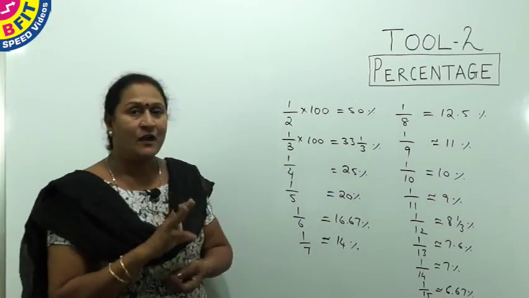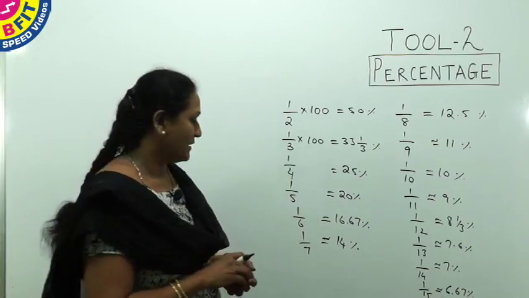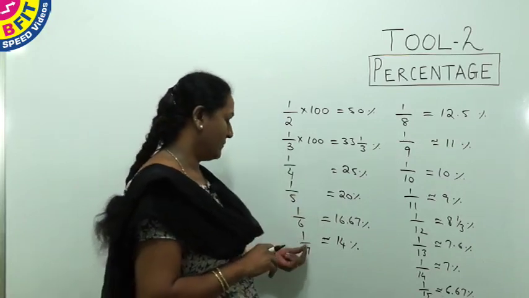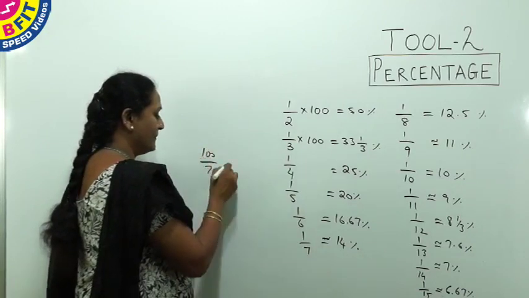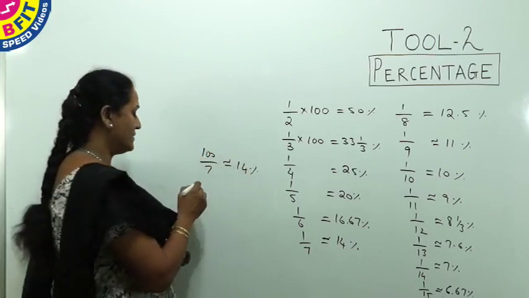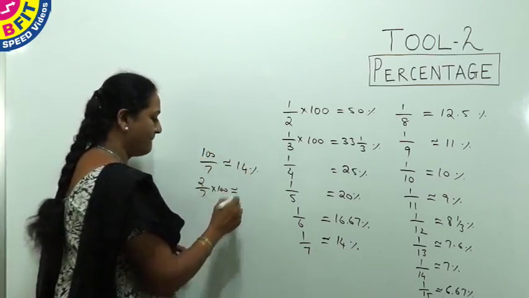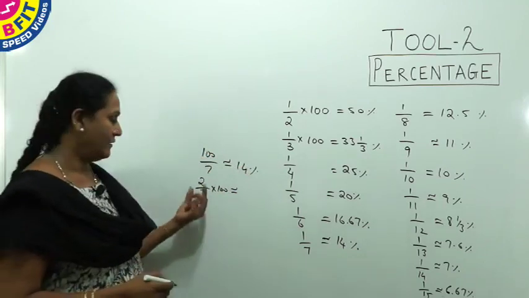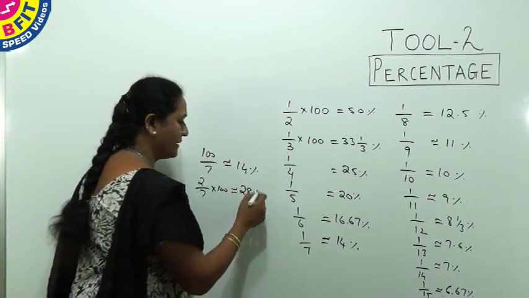So now whenever you have a single digit, you can find the percentage by using this. Say suppose you have 100 by 7, what will be the percentage? So it is approximately 14%. If suppose it is 2 by 7, to find the percentage, 1 by 7 is 14, 2 by 7 will be 14 into 2, so it's approximately 28%.